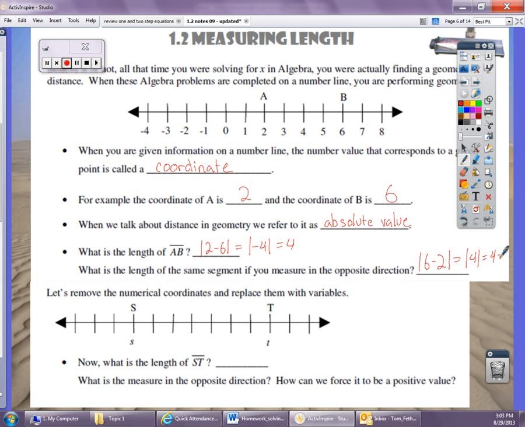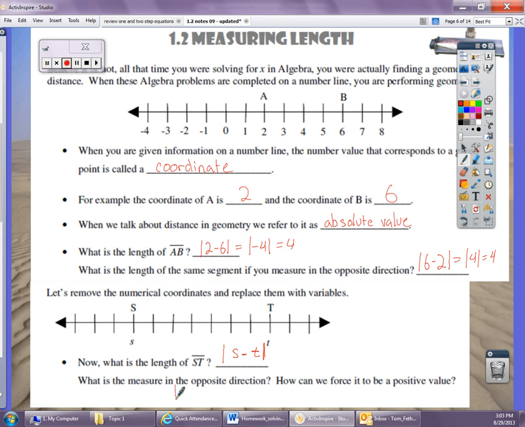Now if we remove the numerical coordinates and replace them with letters, the length of ST is the absolute value of S minus T. What is the measure in the opposite direction?